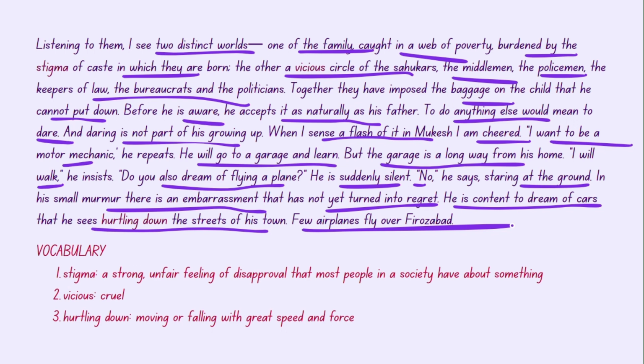Metaphorically, this line explains that him being able to go to a garage, him being able to leave the shackles of poverty and the shackles that have been put on him, because he is a part of the bangle making generation, of the bangle making families, is a far-fetched dream. He will have to go a long way and work very hard to achieve it.